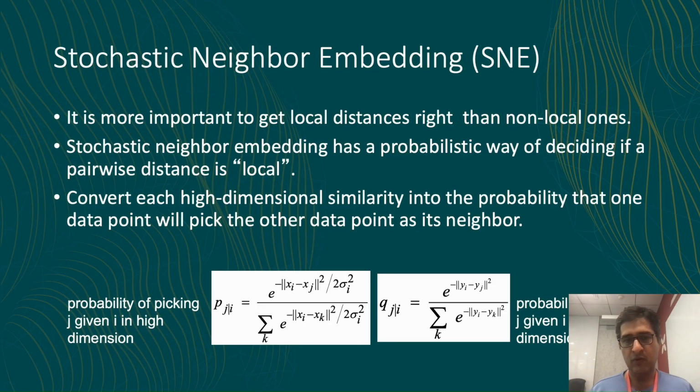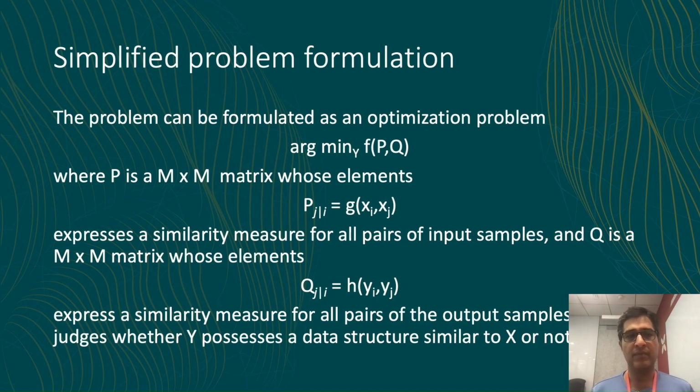Now essentially what you want to do is make sure that you are picking your x's and y's in such a manner that this property is maintained: that if I and j had small local distances in the higher dimensional space, they are overall maintained even in the lower dimensional space.